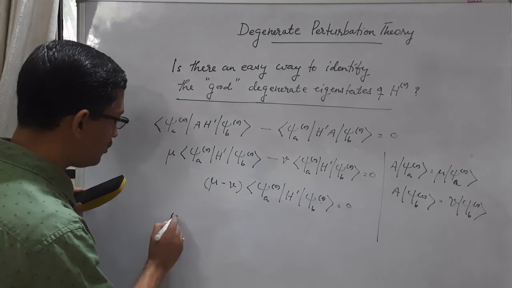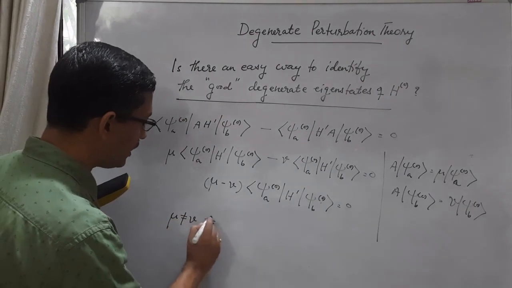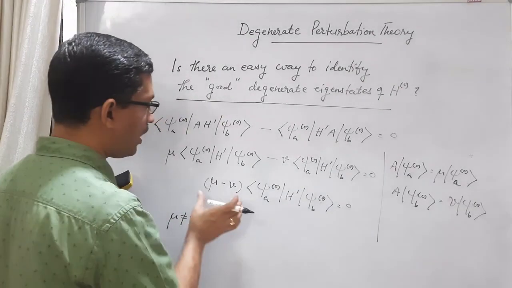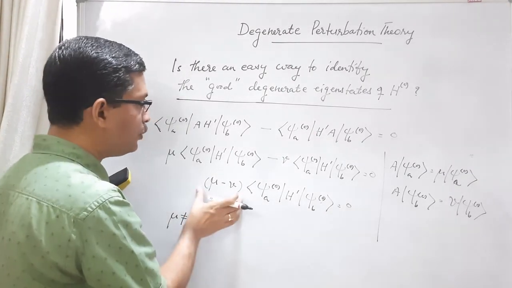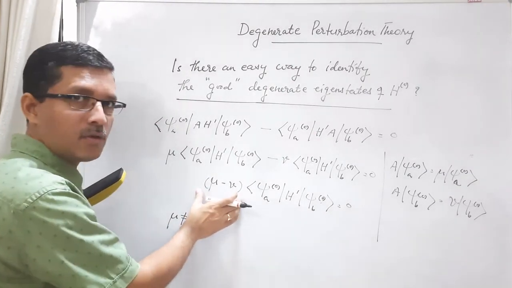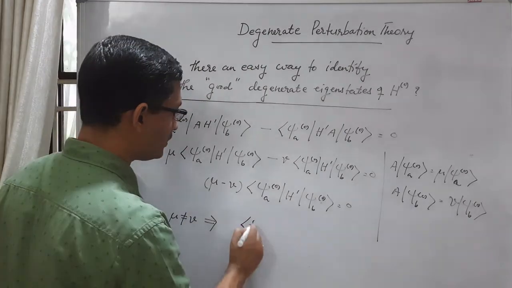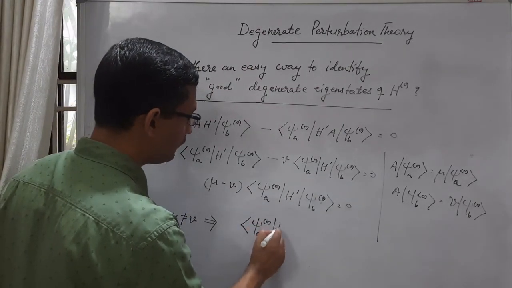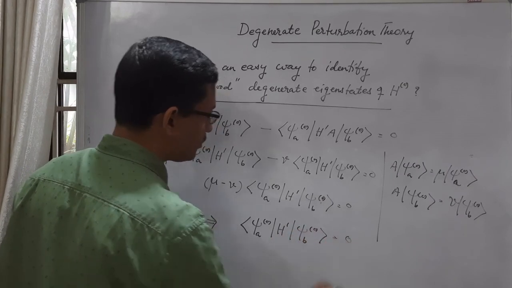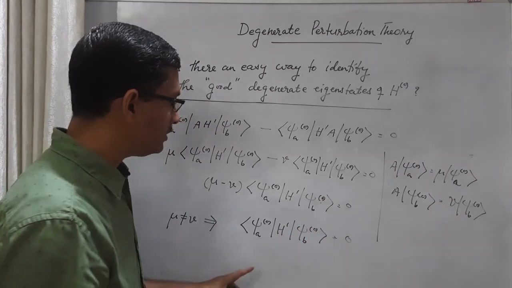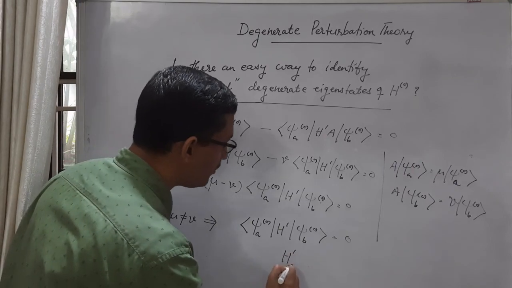So mu is not equal to nu, which implies, if this product is 0, either mu minus nu should be 0 or this matrix element should be 0. If mu and nu are different, this mu minus nu is non-zero. So this matrix element should be 0. That is psi A0 H prime psi B0 should be 0. But what is this matrix element? This is nothing but H prime AB.